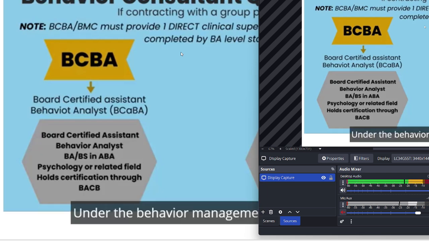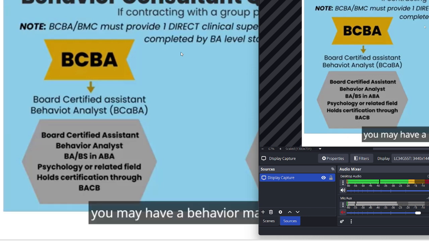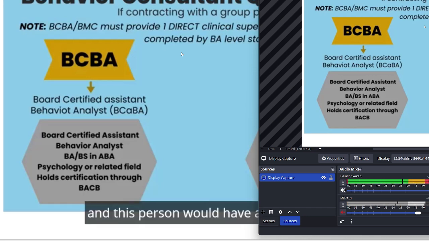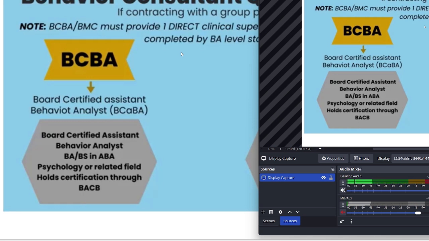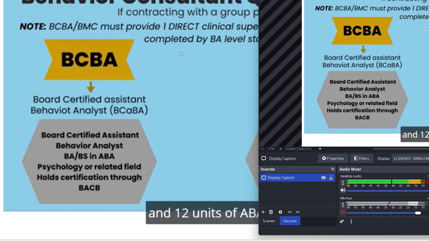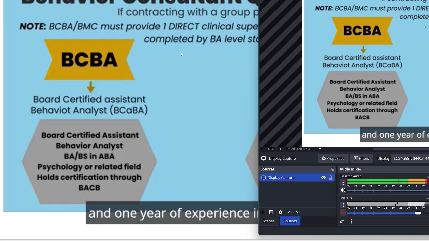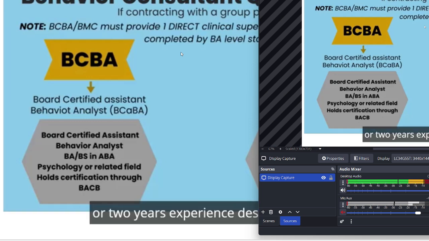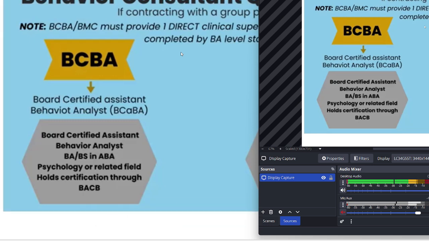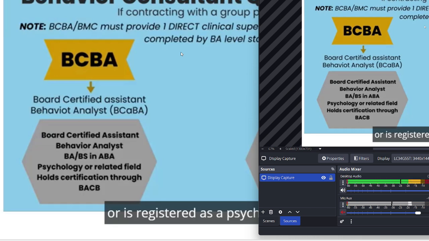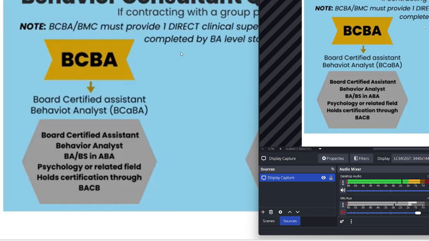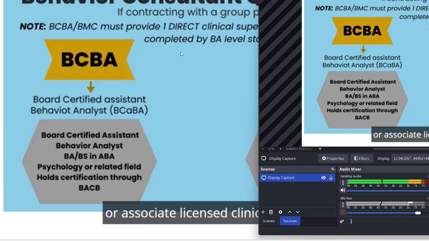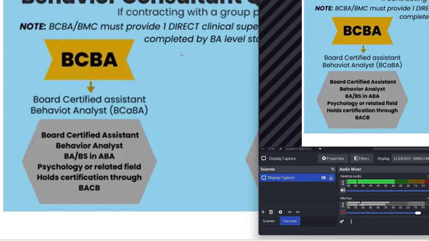Under the behavior management consultant, you may have a behavior management assistant, and this person would have a bachelor's level and 12 units of ABA and 1 year of experience in designing behavior services, or 2 years experience designing and implementing behavior modification services, or is registered as a psychological assistant or associate licensed clinical social worker.